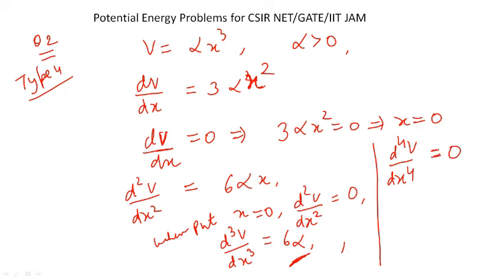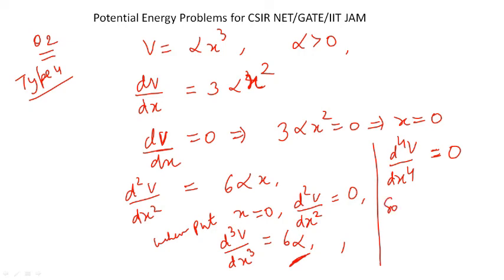So in such types of problems where the higher even derivative terms become 0, in such a case we will say that the point is neither stable nor unstable.